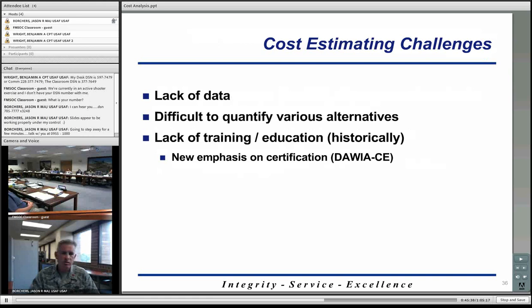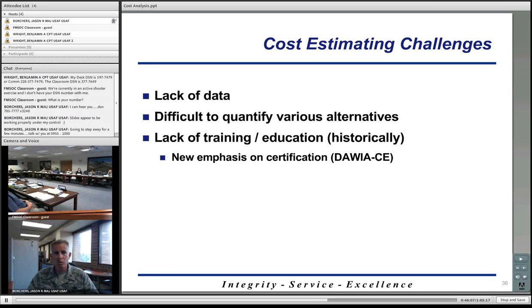So, just a few cost estimating challenges that I've seen, and that cost estimators will preach are really the main areas they have problems with. Lack of data. When we're looking at historical programs, either the data just doesn't exist, so it never happened, or we didn't properly file it away so that we can reference it in the future.